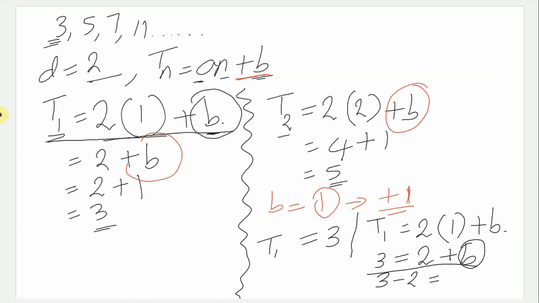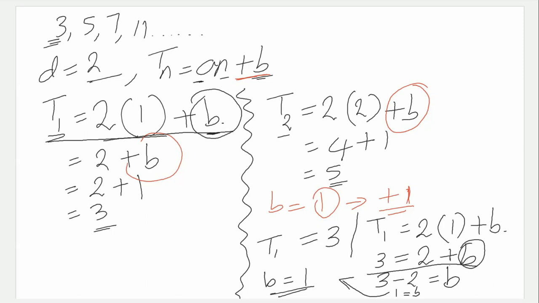Then 3 minus 2 is equal to b. Okay, so 3 minus 2 is 1, right? Which is equal to b. Therefore, you can see that the value of b is equal to 1.